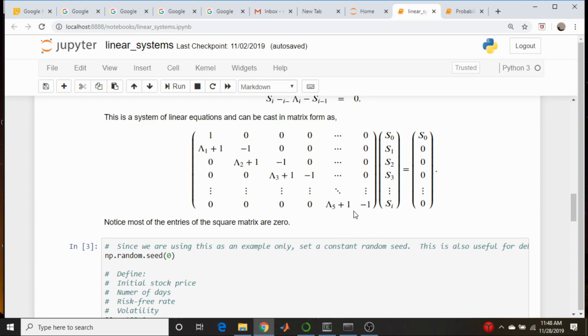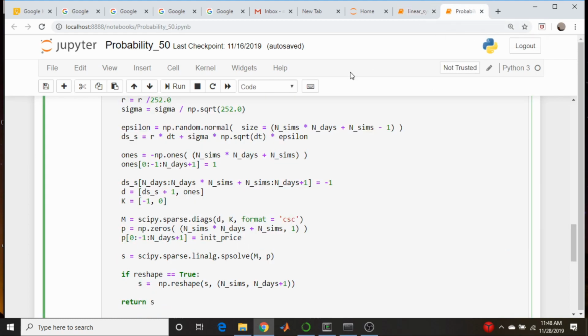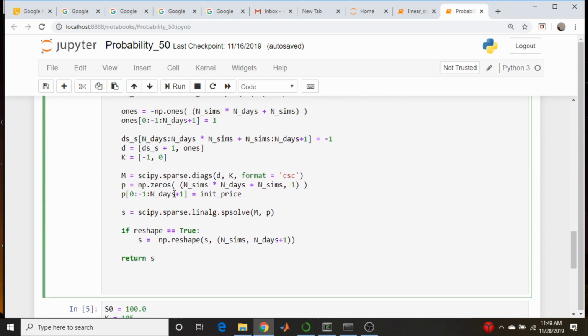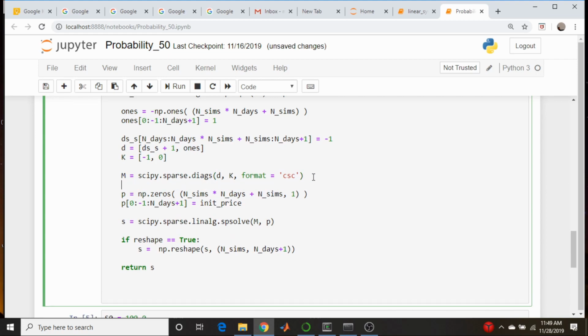And the corresponding element for the lambda at that point here would have to be 0. So what we're doing here is actually setting this element to negative 1, because when we come down here and actually build the array that builds that diagonal, we add 1 to it. So that minus 1 plus 1 equals 0.